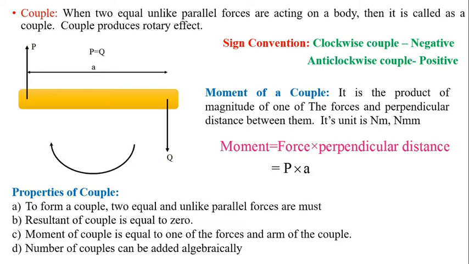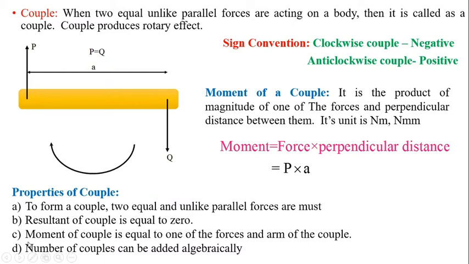Now second, resultant of couple is equal to 0. Resultant means net force. If you add these two forces algebraically, plus P minus Q, since P is equal to Q, the net force acting on the rod will be equal to 0. So resultant of couple is equal to 0.